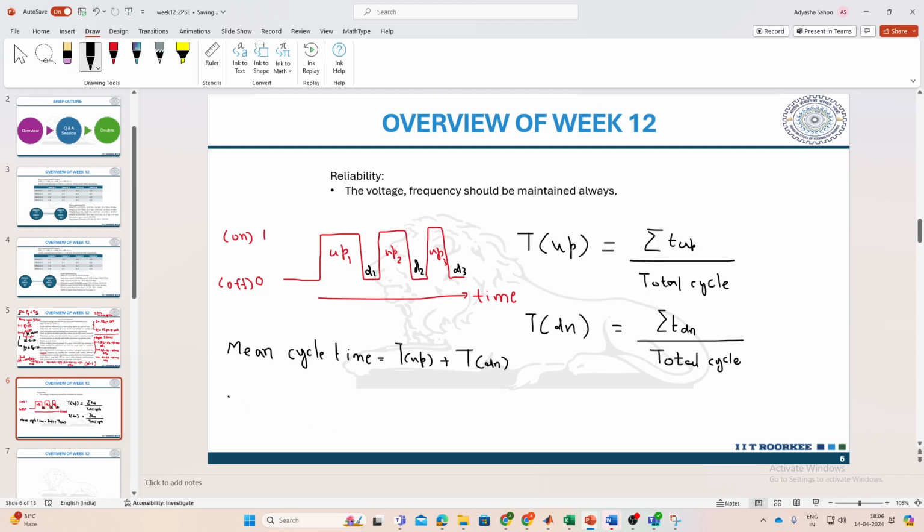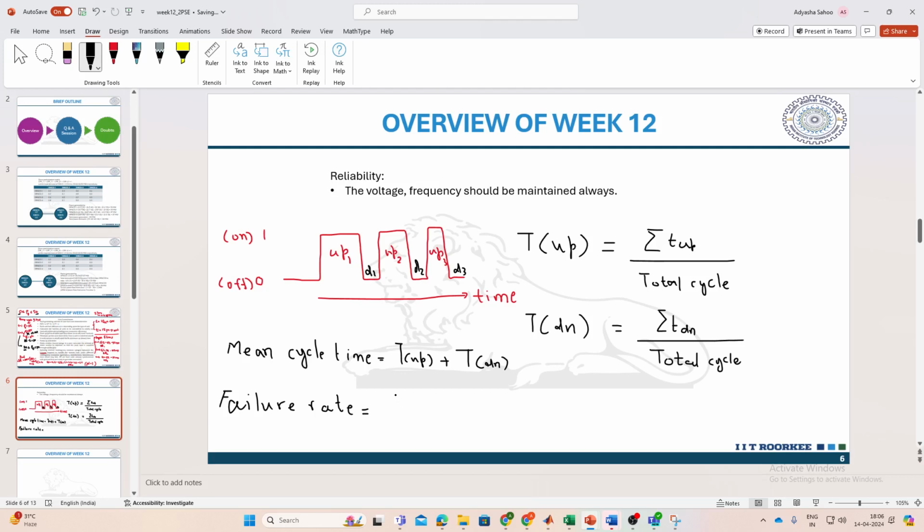From here we also calculate the failure rate, that is, the rate at which the unit fails.